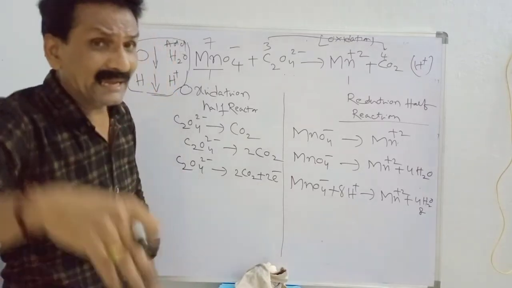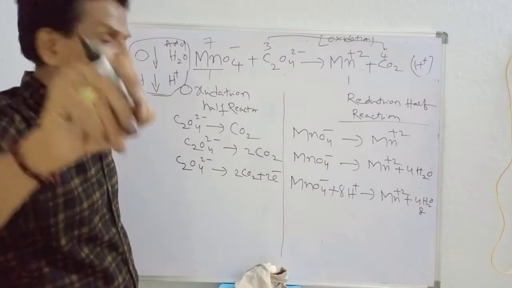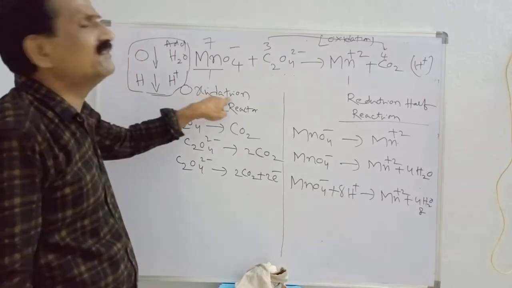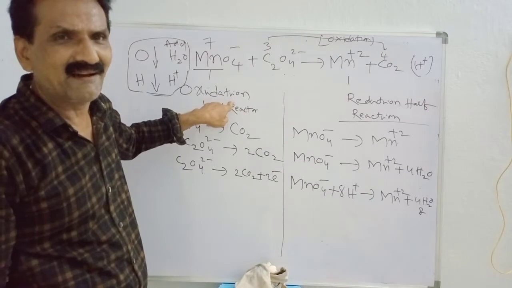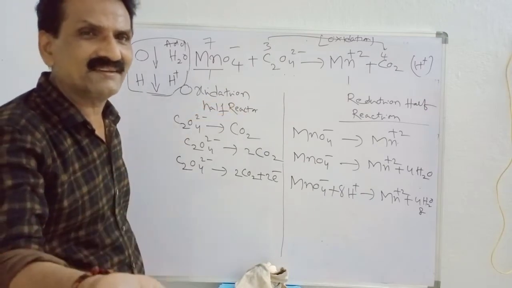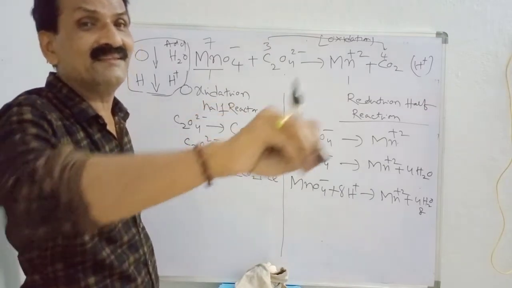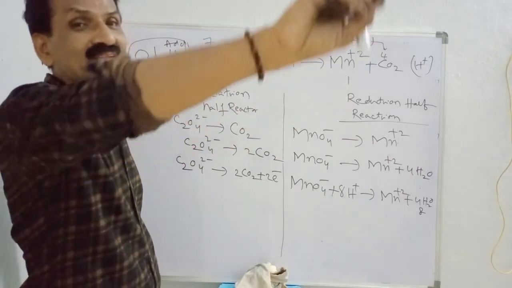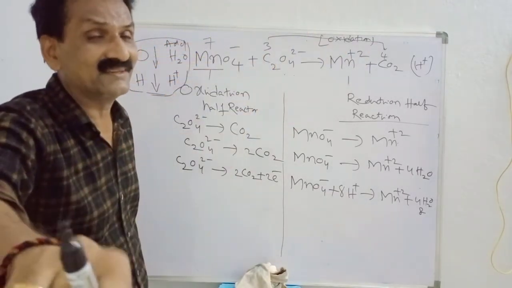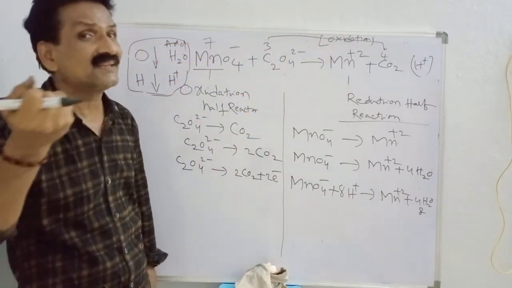Again, I am telling another clue. This is the oxidation. Am I correct or not? In an oxidation reaction, electrons are released, electrons are lost. That is nothing but oxidation. If electrons are gained, that is reduction.